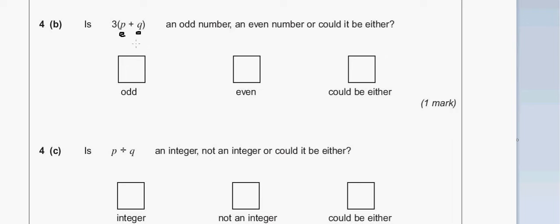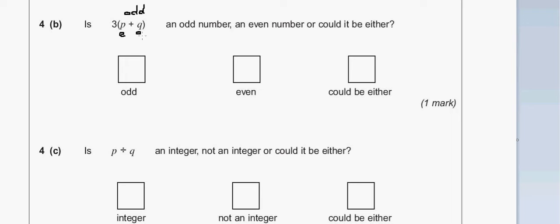Okay, now here we have 3 multiplied by P plus Q, so this would be an even plus an odd. Now an even number plus an odd number will give me an odd number. Okay, 2 plus 3 will give me 5, 4 plus 3 will give me 7, 7 plus 6 will give me 13.